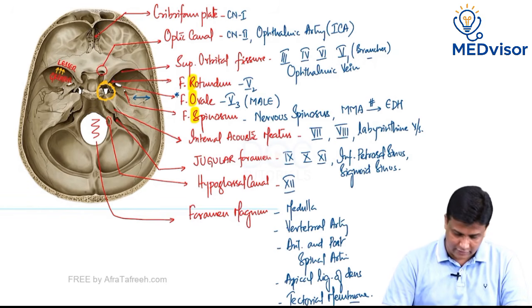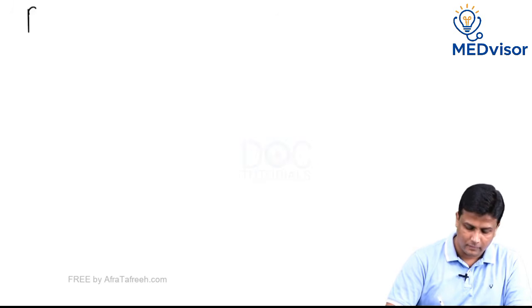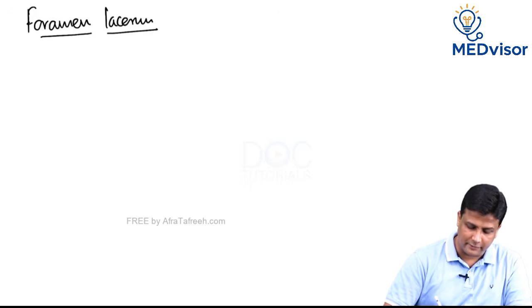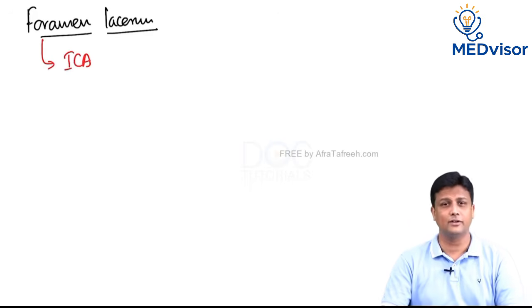So let us write it separately about that. Now, what is going to pass through foramen lacerum here? There will be internal carotid artery, guys. There will be internal carotid artery passing through this one here. But you have to be literally very, very careful here. Why?